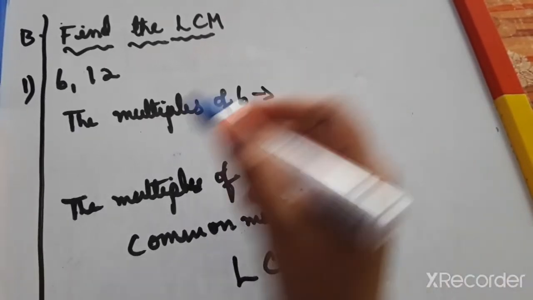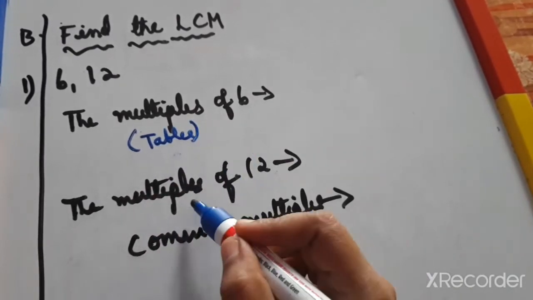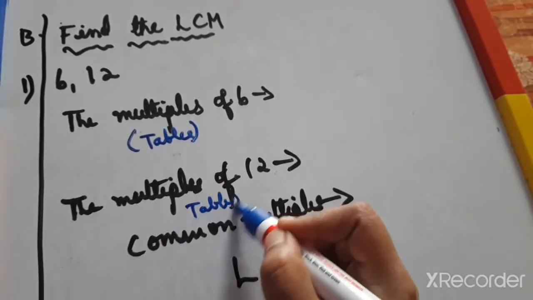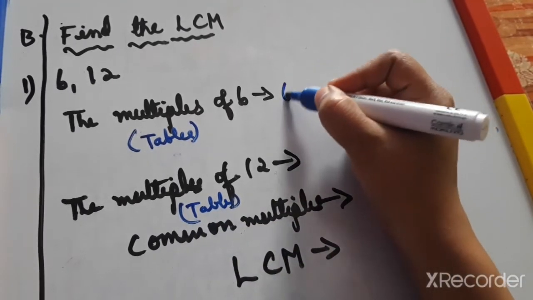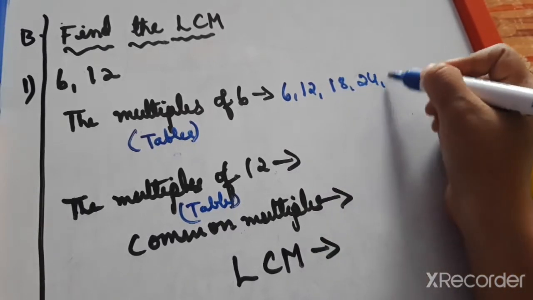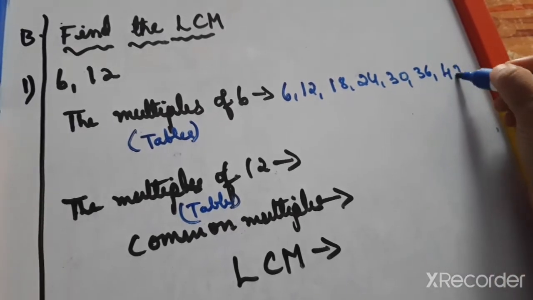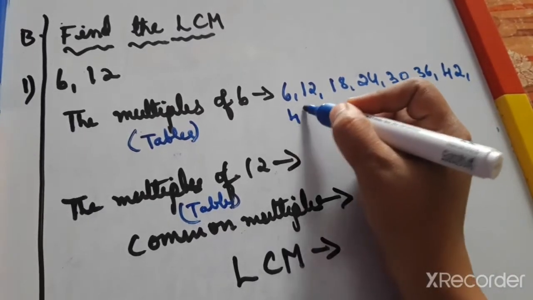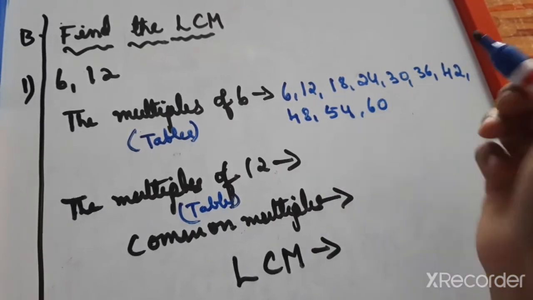Now multiples of 6. Multiples of 6 means tables of that particular number we have to write. 6 ones are 6, 6 twos are 12, 6 threes are 18, 6 fours are 24, 6 fives are 30, 6 sixes are 36, 6 sevens are 42, 6 eights are 48, 6 nines are 54, 6 tens are 60.